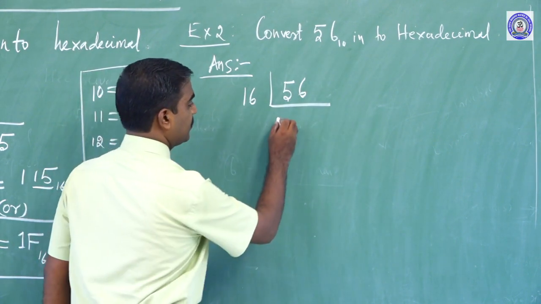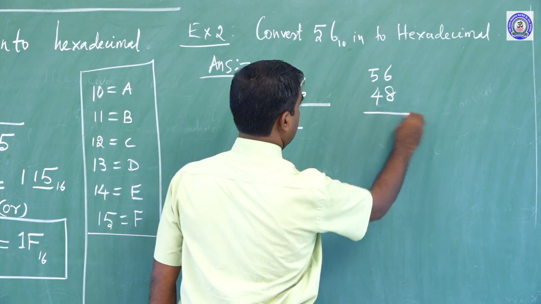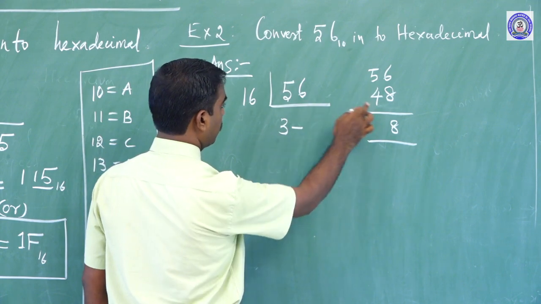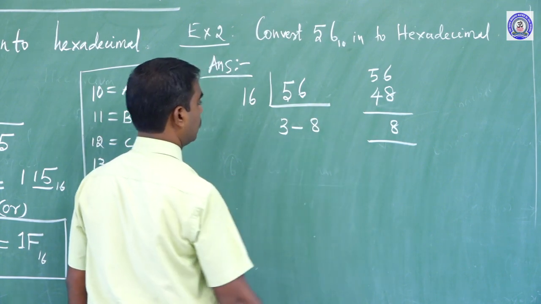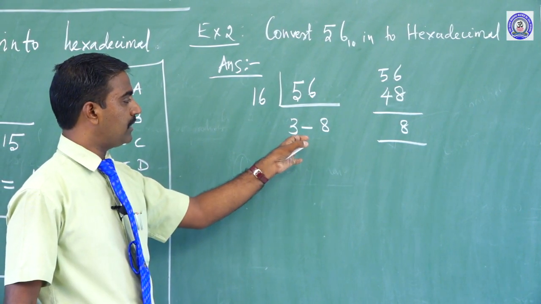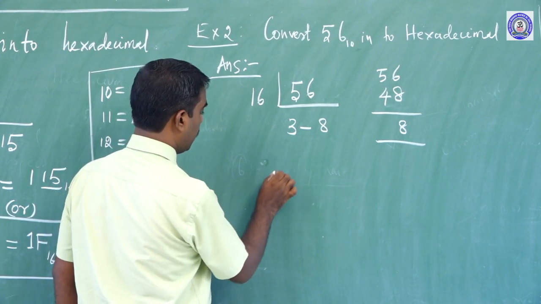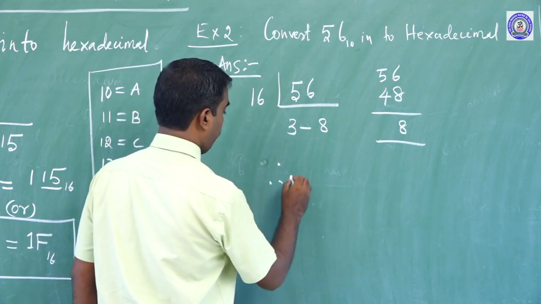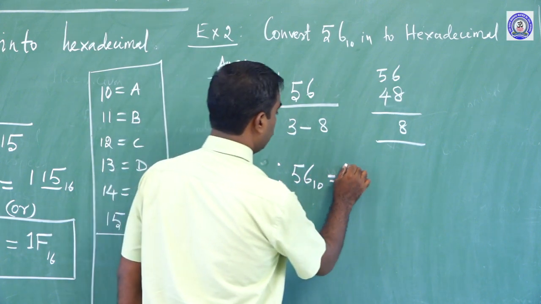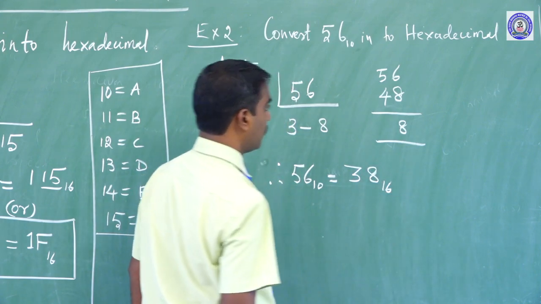So 16 threes are 48, and 56 minus 48, the remaining is 8. Clear? Yes. Sir, in that case, can 16 divide into 8? Is it possible? No. So, in this case, 56 base 10 is equal to 3 and then 8 base 16.